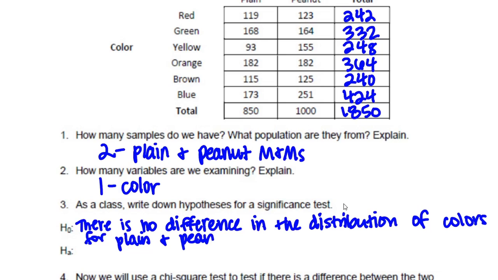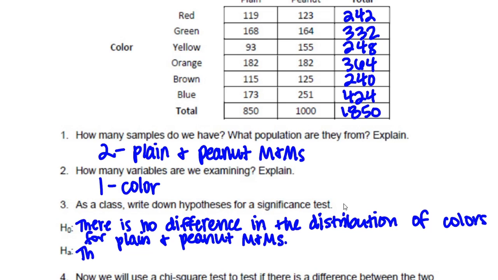I'm not claiming to know the distribution of colors for either one. Last class, we discovered that the distribution reported by Google is not the one that actually matches, because there were way more greens than we expected. So I'm not claiming to know what the distribution is. I'm just saying that they're the same for both plain and peanut.